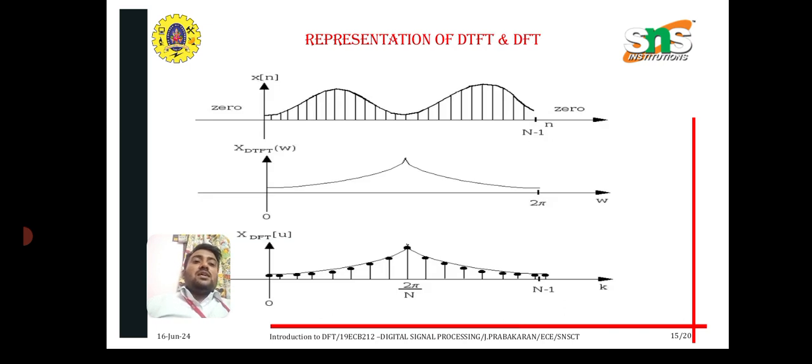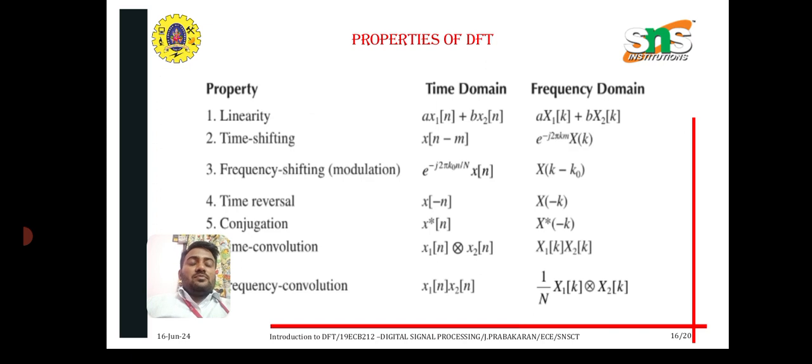Representation of discrete time Fourier transform and discrete Fourier transform, and the properties of discrete Fourier transform. There are many properties. First one is linearity, then time shifting property, frequency shifting property, time reversal property, conjugation, and time convolution, frequency convolution.